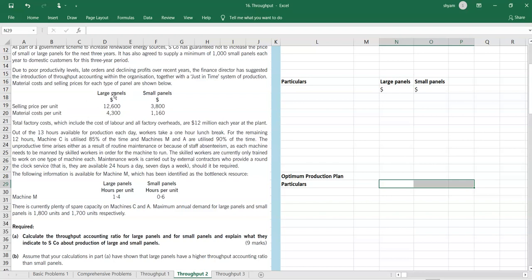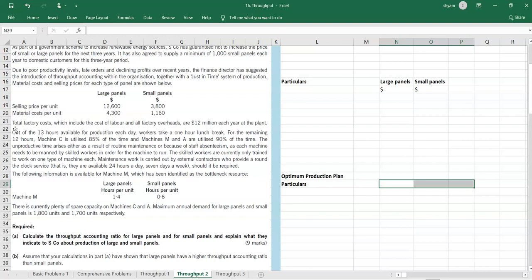Divided by the time taken per unit of large panel and small panel, you will get the throughput per machine hour. And 12 million is for a year, so if you divide by the total number of factory hours operated in a year, you'll get the factory cost per hour. So both come into our consideration here.